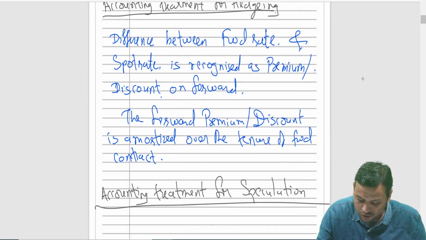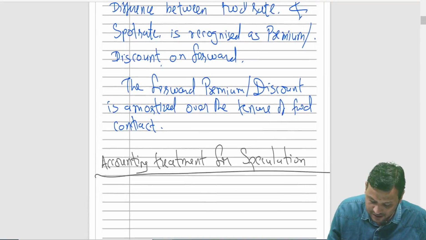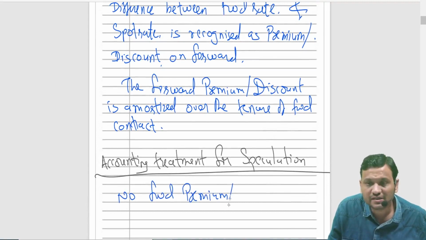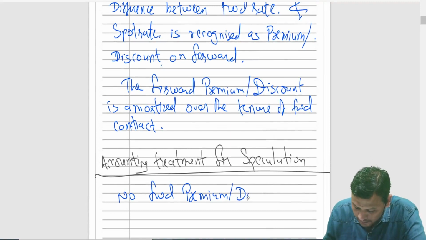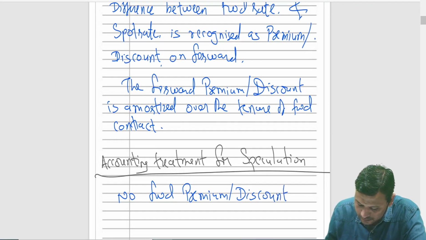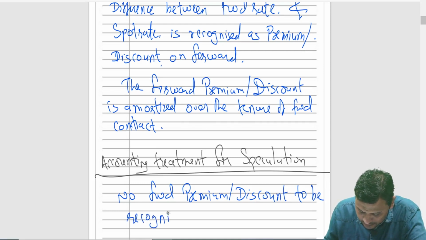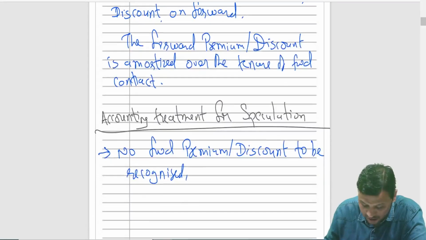So what am I supposed to do? The standard says no forward premium or discount is to be recognized. We are not supposed to recognize any forward premium or discount.